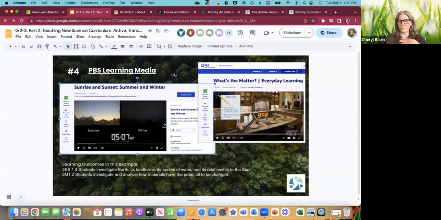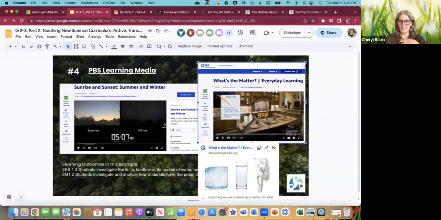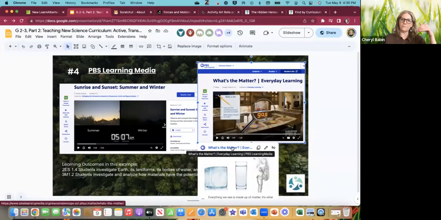The other one that I pulled for us today is all about matter. Similar to some of the other pieces that I've pulled, the vocabulary, the accessibility, the language, and the ways in which they're communicating these scientific concepts are really strong.